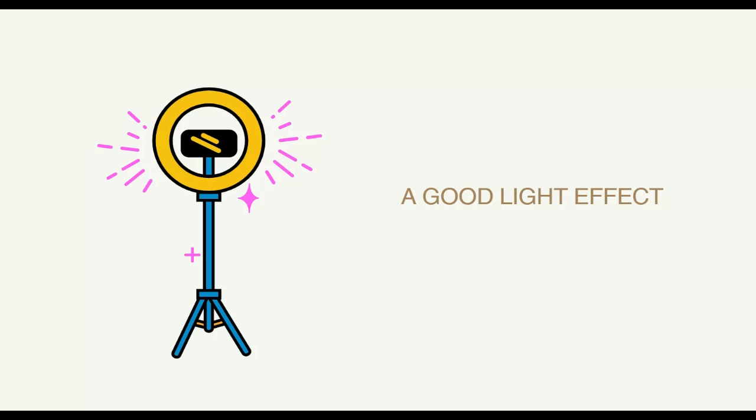Now, most of the time, when you will need a ring light or a really bright torch, are usually situations where you have classes at night, of course, due to time difference. So, time difference, most of the time when it's afternoon over there, it could be night at your end. So, you would need a good light effect. So, usually use a really bright room.